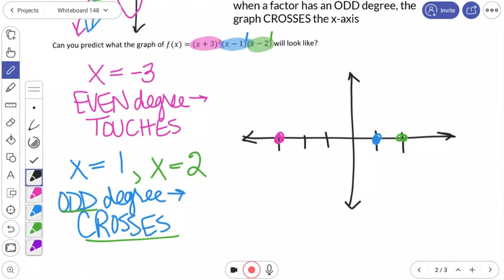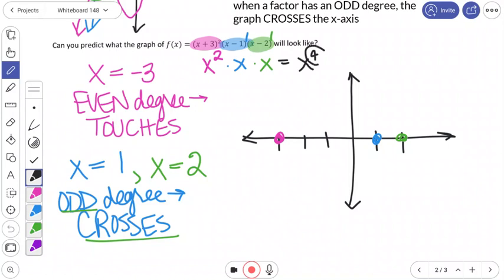Our first factor is x plus 3 squared. So if we were to multiply that out, our highest degree would be an x squared term. And then I would multiply that by x minus 1. So I have another variable, x to the first. And then I would multiply that value by x to the first again. So what does x squared times x give us? That's x to the fourth power.